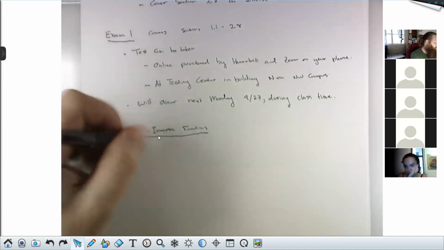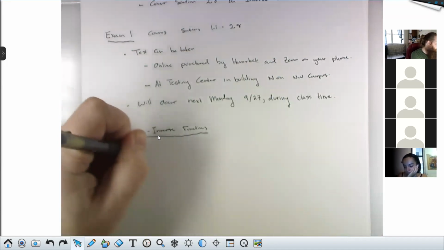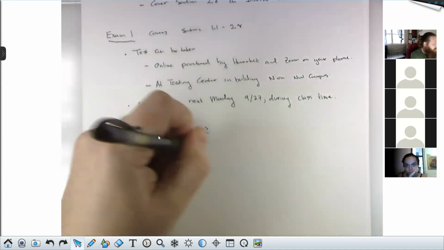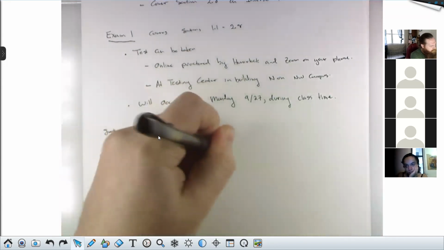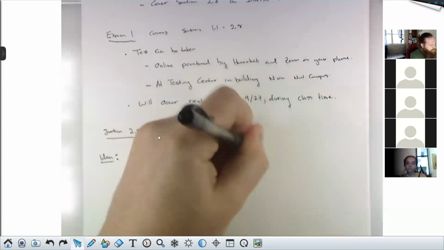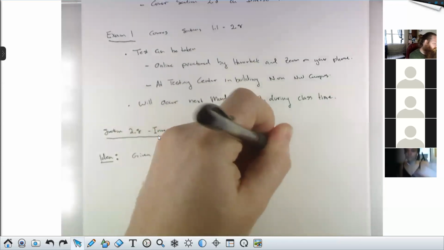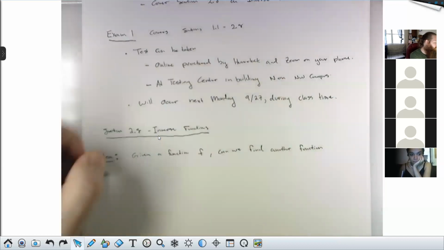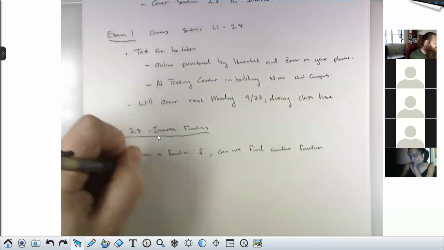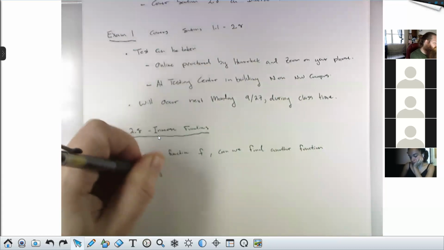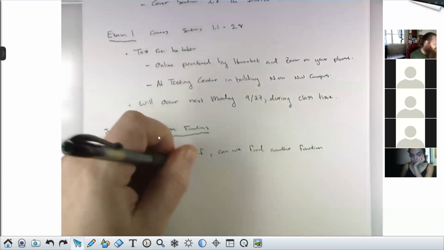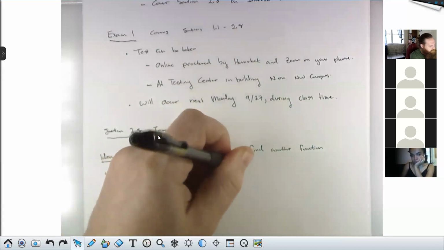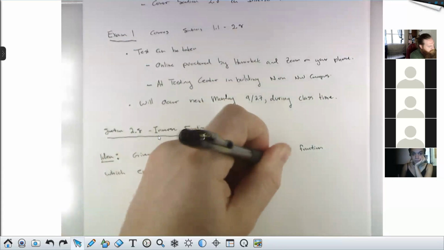And that's really this question. Given a function f, can we find another function which exactly undoes whatever f does?